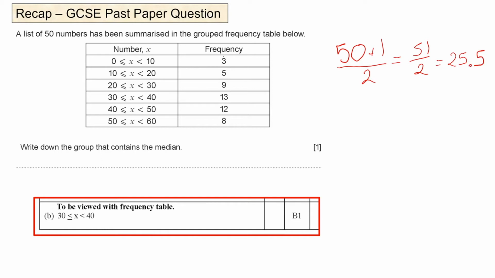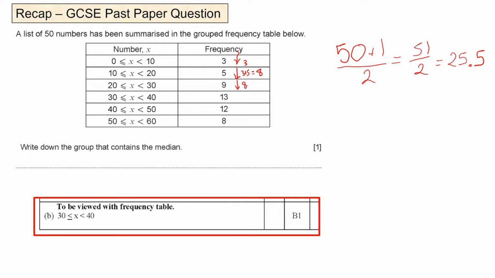What we then do is go from the top frequency here and find the cumulative frequency. So we go down, and there I would have passed 3 altogether. Continuing to go down, adding on, 3 add 5 is 8, so I would have passed 8 people. I need to continue until I find that 25.5, or I've passed it.